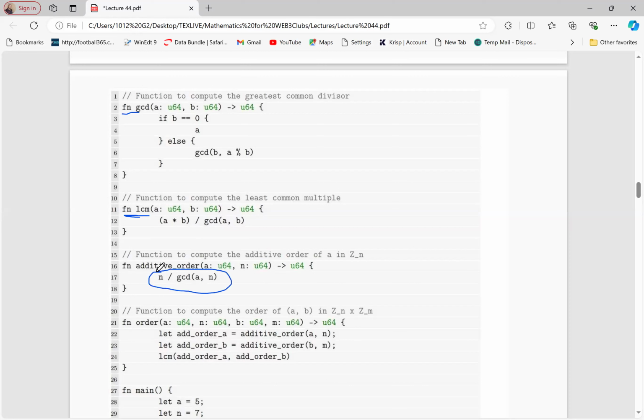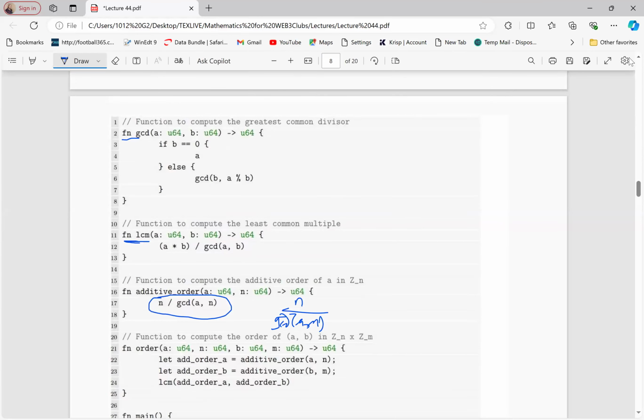We had already looked at this example earlier, where the order of an element is the order of the group over the GCD of the element and the group. This is for an additive group, not a multiplicative group. We had looked at this in our early examples, not today.